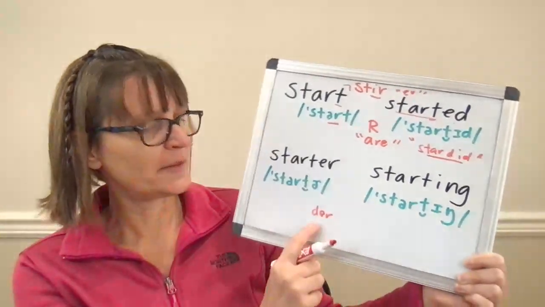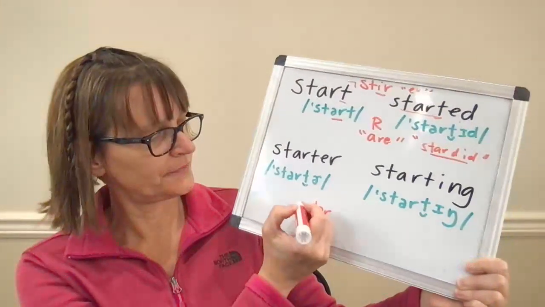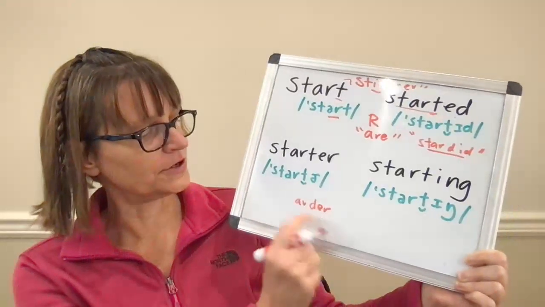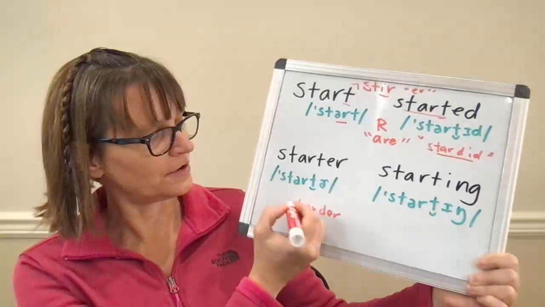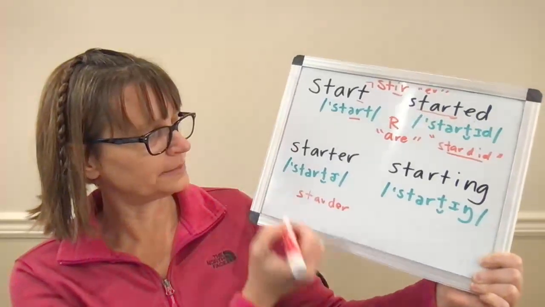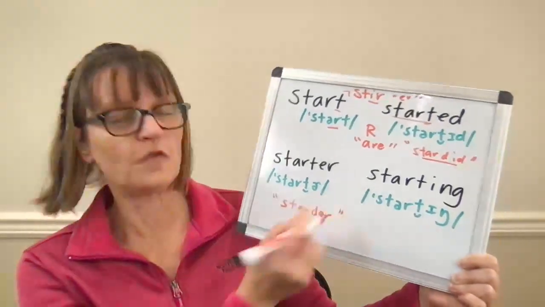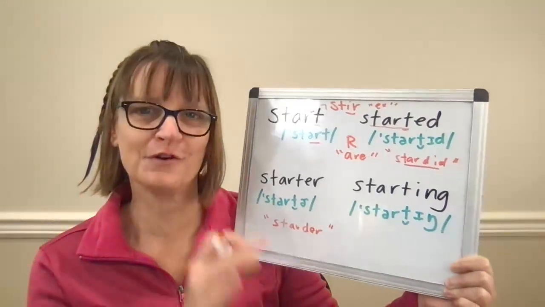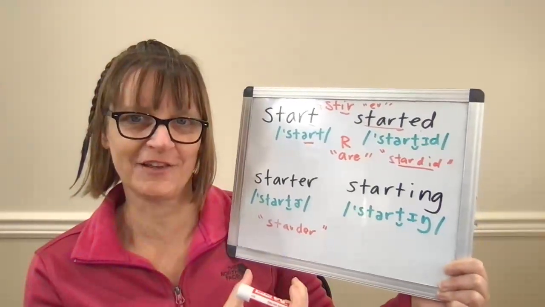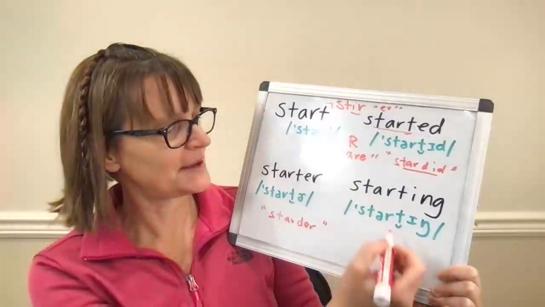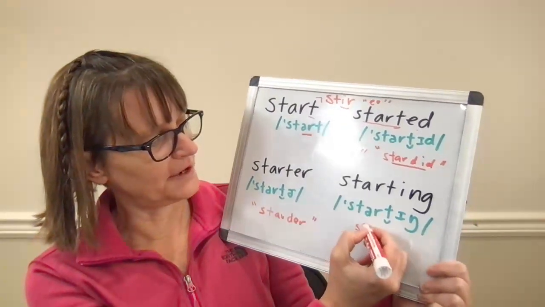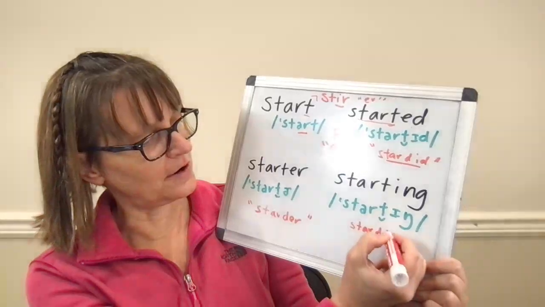Or you can build from the back and do der, arder, make a little break there so you get both R's, tartar, starter. So finding kind of where it breaks down for you and doing some extra practice on that element of it can be helpful. Then when we get to starting, same thing. We have our flap T. I'll rewrite it like starting.